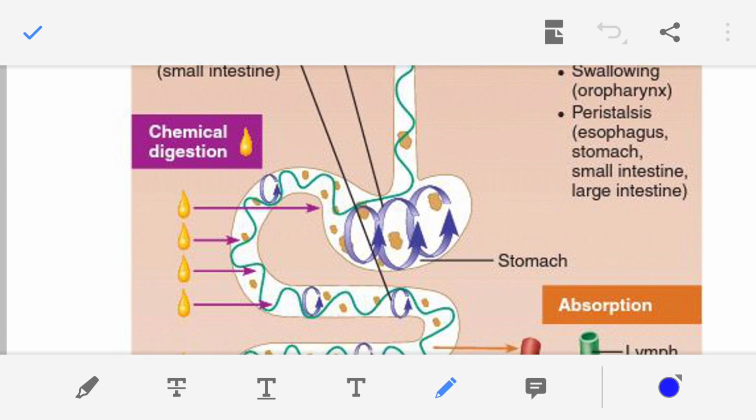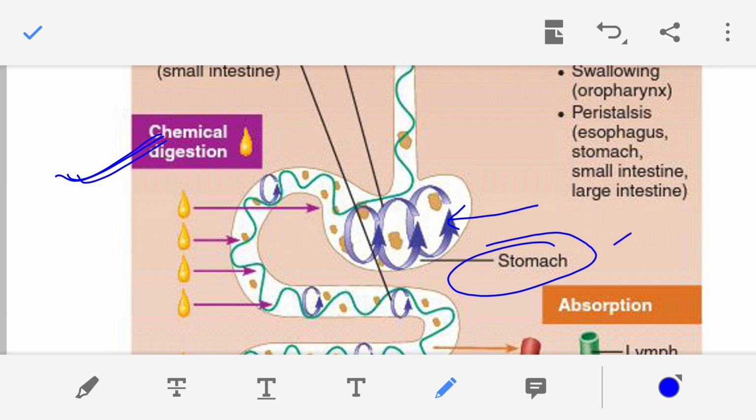And chemical digestion, where does it take place? Chemical digestion takes place in the stomach with the gastric juice, then in the small intestine, let's say in the duodenum, with the help of the bile secreted by the liver, then the pancreatic juice, then the intestinal juice secreted by the wall of the small intestine.